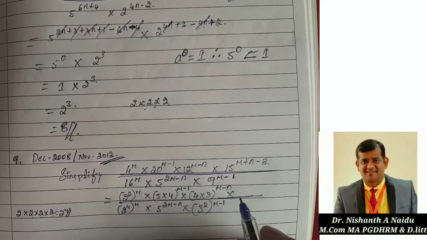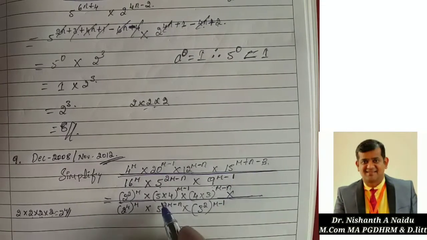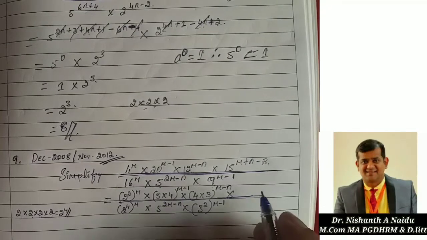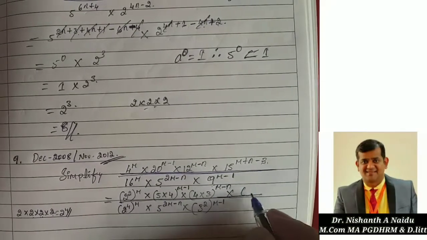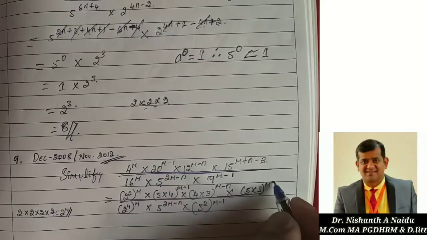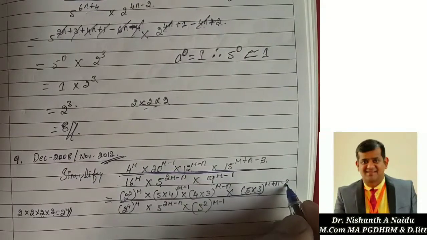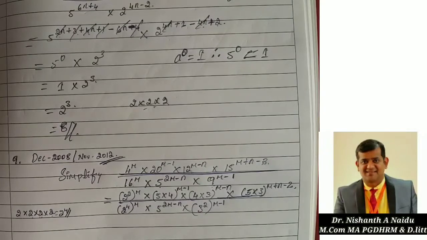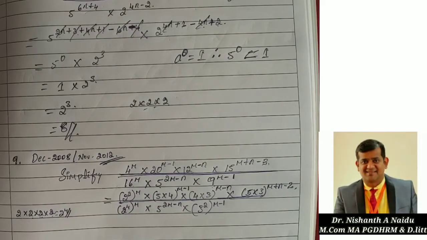For 15, how many times do I have to multiply 5? 5 1s are 5, 5 2s are 10, 5 3s are 15. So 5 3s are 15 to the power m plus n minus 2. Any doubt? No doubt, right?